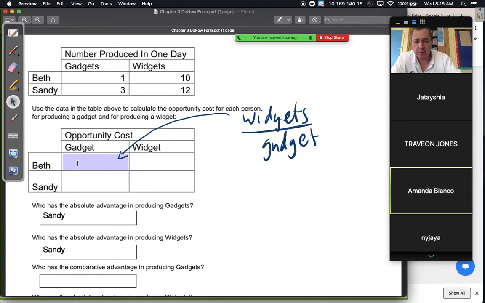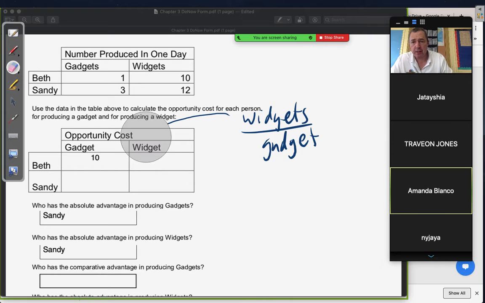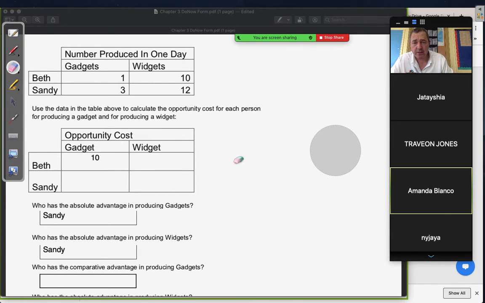All right, so it's 10 to 1, which is just otherwise known as 10. Now, her opportunity cost of producing widgets is going to be the reciprocal. So I want to know how many gadgets she's giving up.